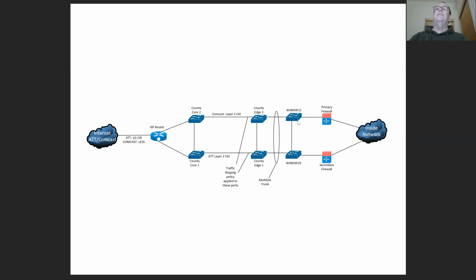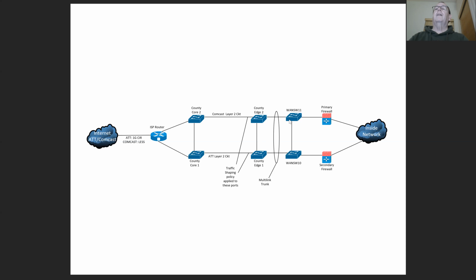Whether the same ISID is always going across one, or they see a MAC address here, then it always goes that way. It sees a MAC address here, it always goes this way. I'm not entirely clear on how the load sharing algorithm works for LACP, but I'm pretty sure it's supposed to share the load. And what I am seeing is I'm only seeing traffic going across this link.